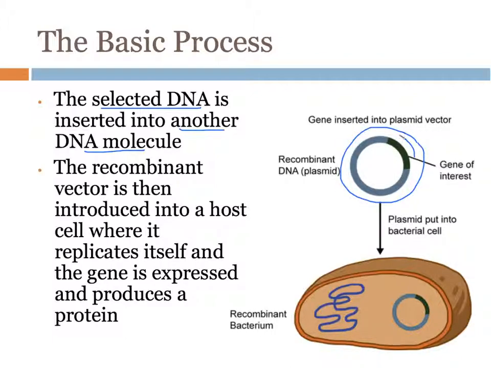So in this little bit of DNA, this is the gene that for whatever reason the scientists want to have expressed, and so it's inserted into another piece of DNA, and then that piece of DNA enters a host organism, in this case a bacteria, where the gene would reproduce itself, and then as it is expressed, that host organism has to be one that favors that gene, and then as the gene is expressed, it produces whatever protein it codes for, and then that protein is available for use.